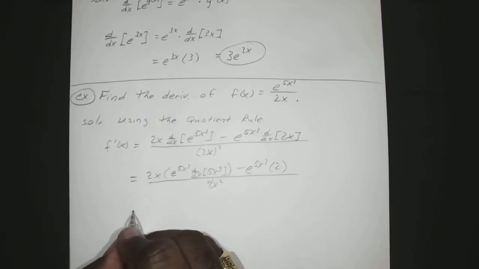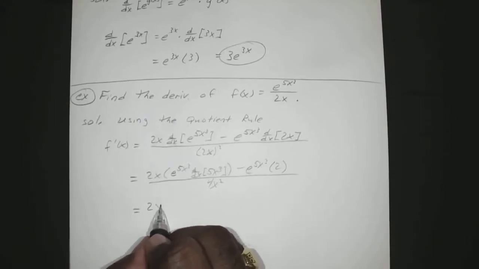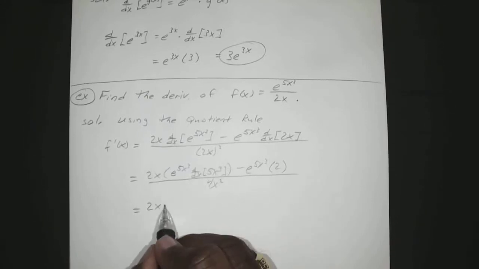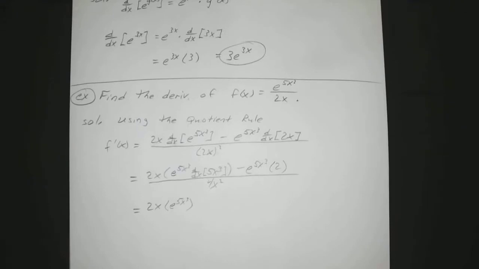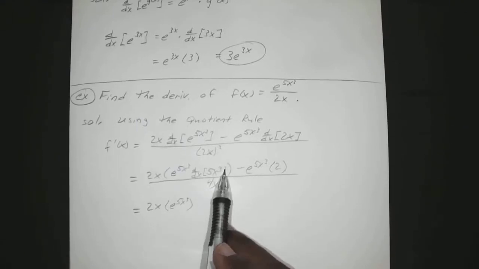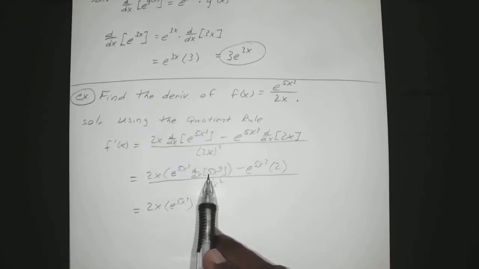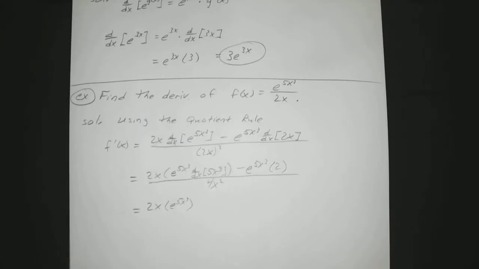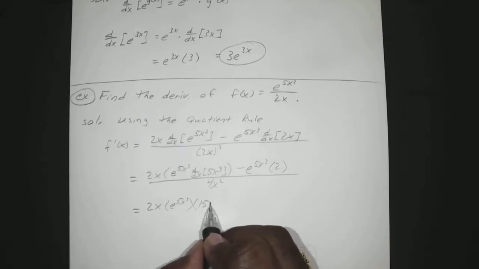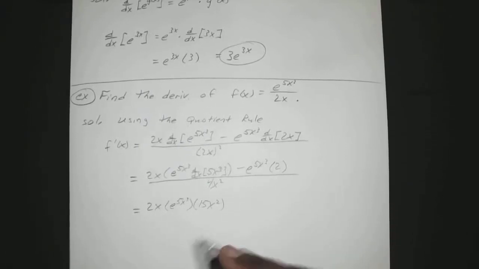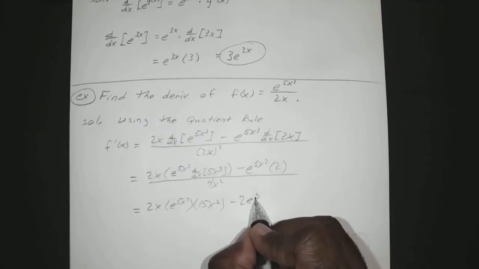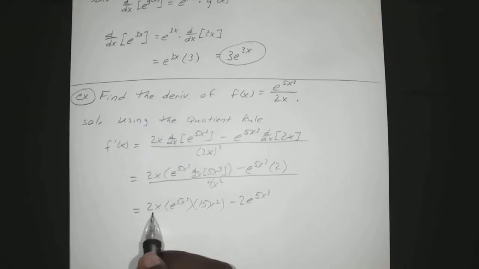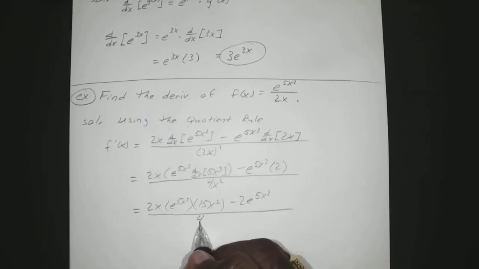Okay, so this is going to give us 2x times e to the 5x to the third, and the derivative of 5x to the third, if we bring down our 3, will give us 15x squared, minus 2e to the 5x to the third, all over 4x squared.